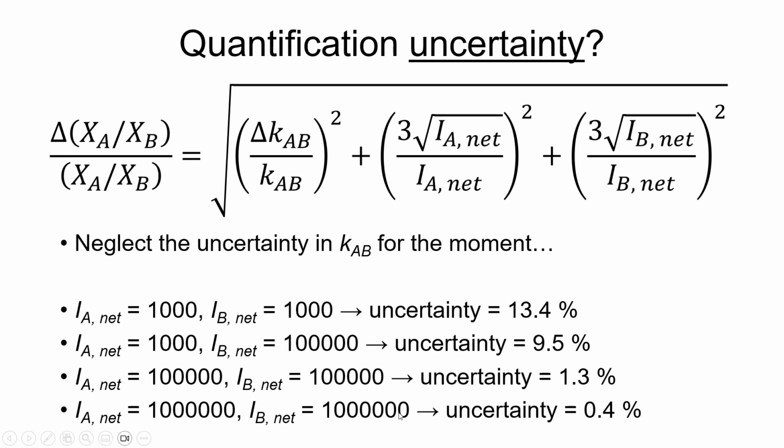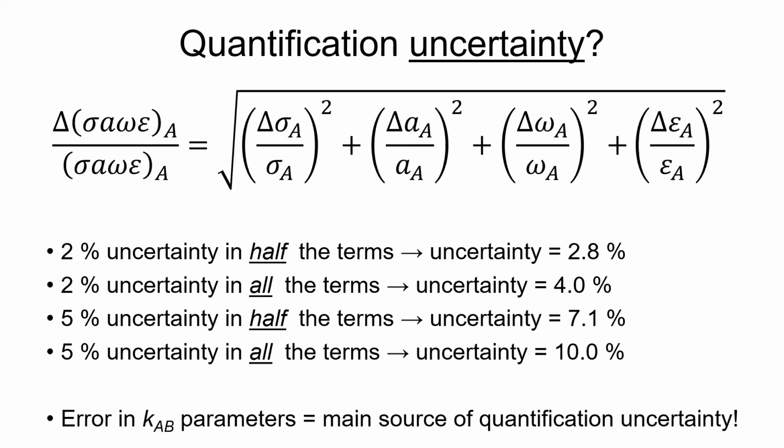And then if I have 1,000,000 in both, I'm under 0.5%. So the moral of the story here is the more counts you have in the peak, the better in terms of your uncertainty, at least your uncertainty that is related to the counts that you are collecting. Again, we're not worrying about the uncertainty in the sensitivity factors here, but we're going to do that next.